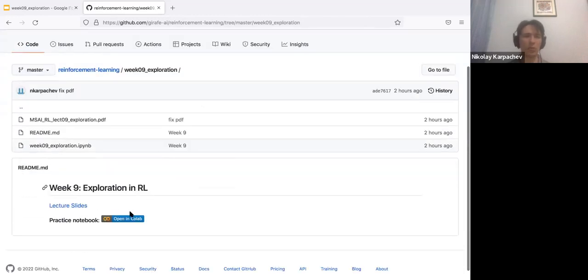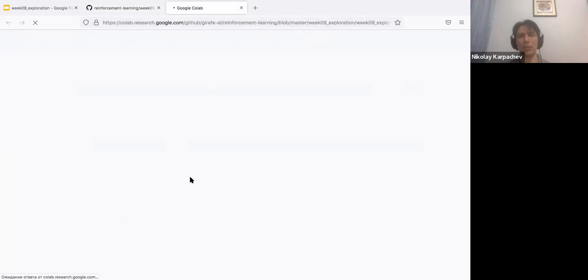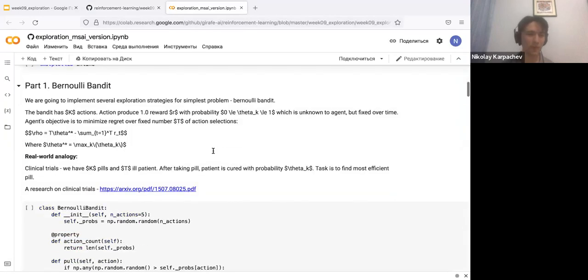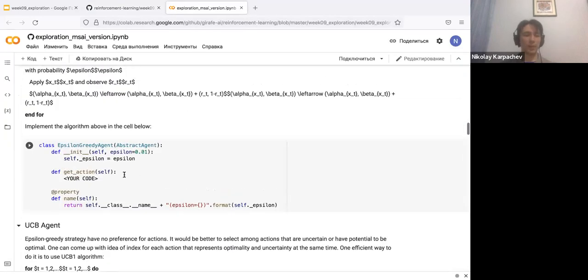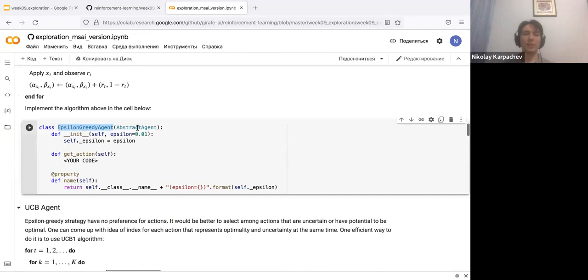I can open it in Colab and write some code for the sake of illustration. Here in epsilon greedy, we have the epsilon parameter, which is the intensity of exploration.